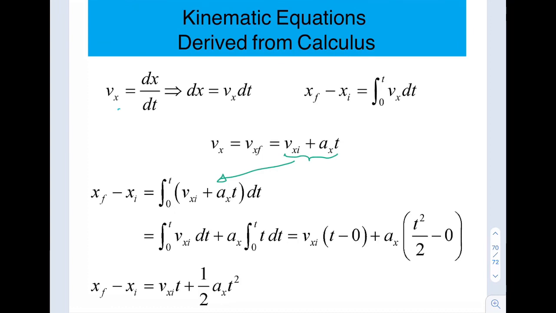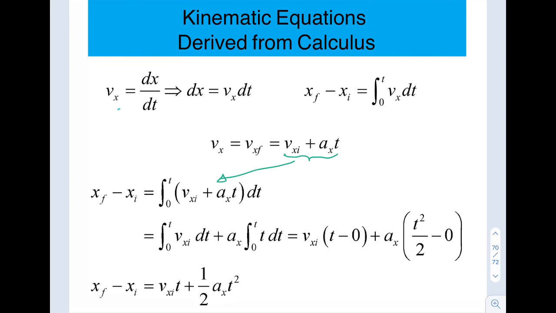Right, so open up this one. You can have it in this pattern. Now, this is a constant, bring it outside in front of the integral, and this one is also a constant, bring it in front of the integral, then you are only going to integrate the t.